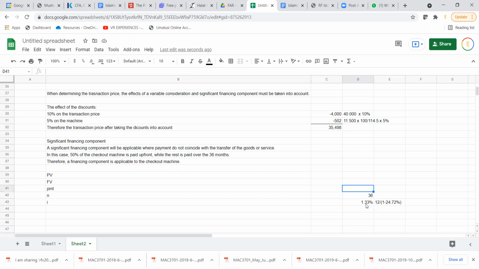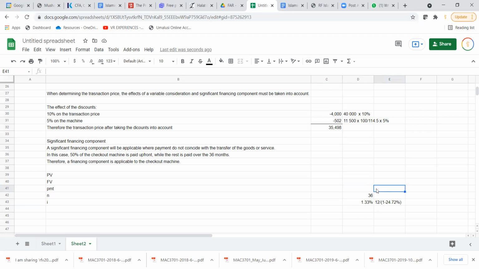Then we have N as 36. Now I must work out PMT. PMT is basically the monthly payment. Remember, 50% they paid up front, 50% they're going to pay over the 36 months.